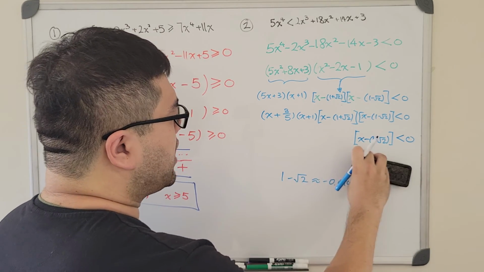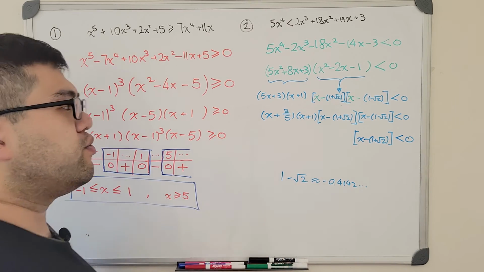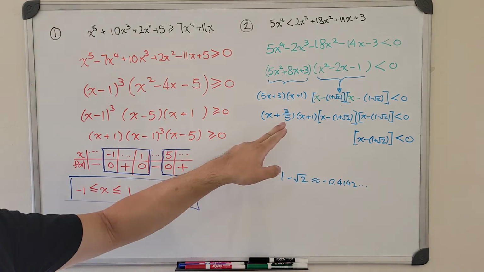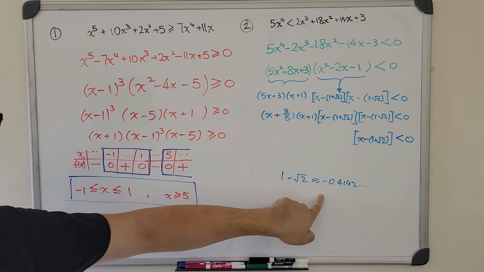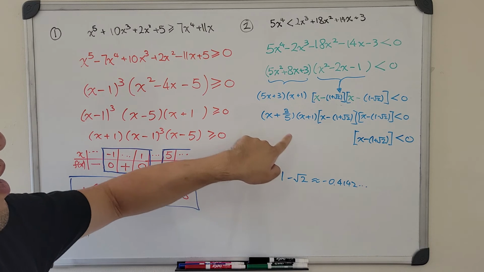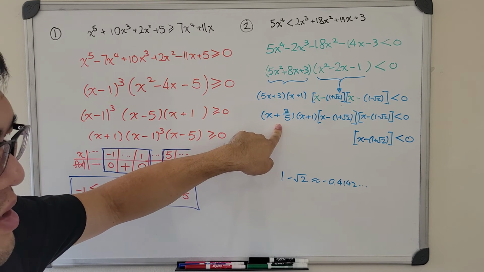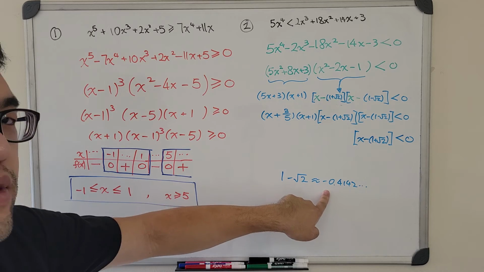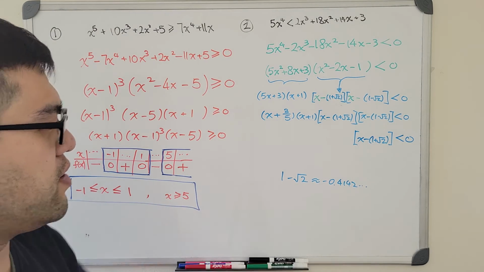Because now we need to compare this value with the other two values that we didn't put yet. So we know that here we have negative 1, which is strictly less than this, obviously. Now this one is negative 3/5, or in decimal, negative 0.6, which is actually smaller than it. It is actually on the left side of this value.